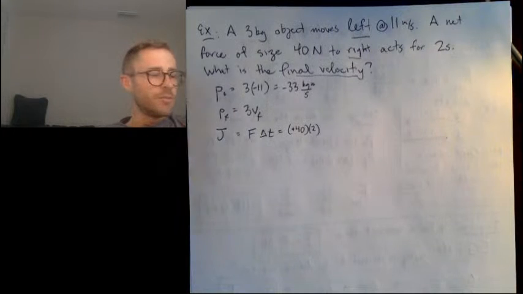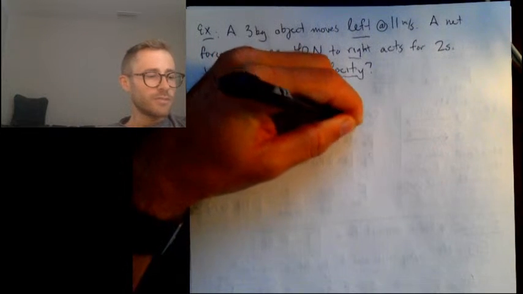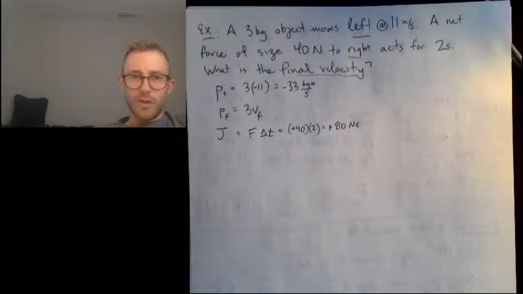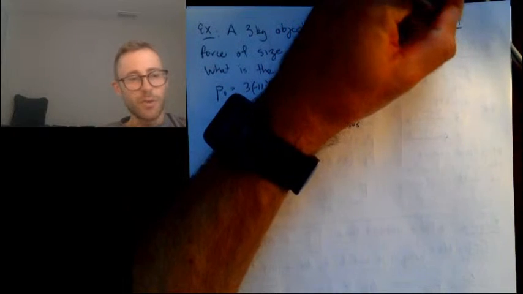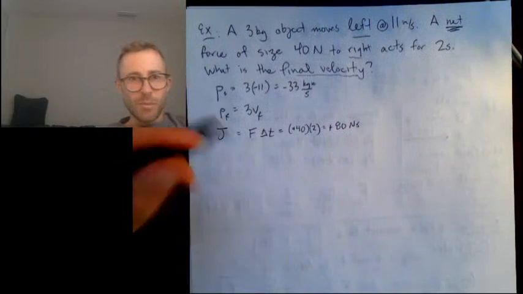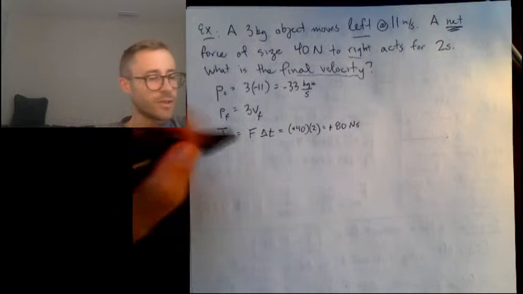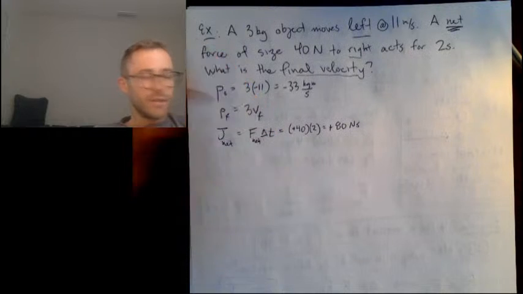That means the impulse is plus 80 Newton seconds. Now there's one key phrase that's going to allow us to solve this problem. It says that it is the net force. So this impulse is not just any impulse due to any random force. This is the net impulse.